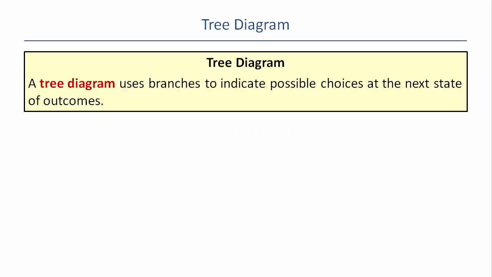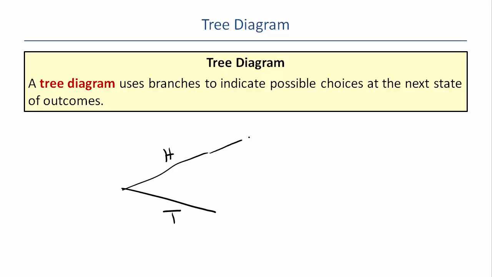A tree diagram is a great way of organizing your thoughts and making sure that you're counting all of the possible choices of outcomes without missing any and without counting any more than once. A simple example would be flipping a coin 3 times, right? So you're going to start, and your first flip is either heads or tails, right?